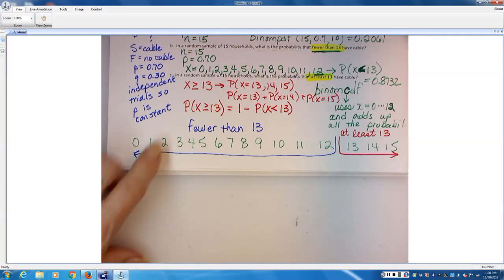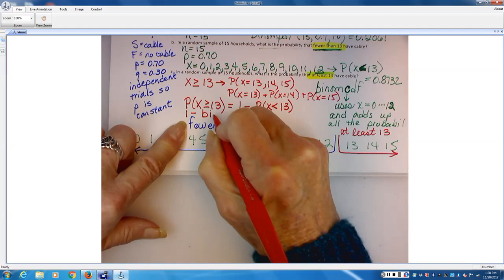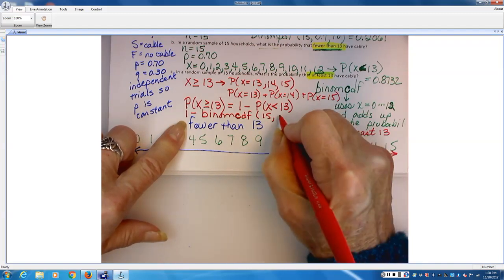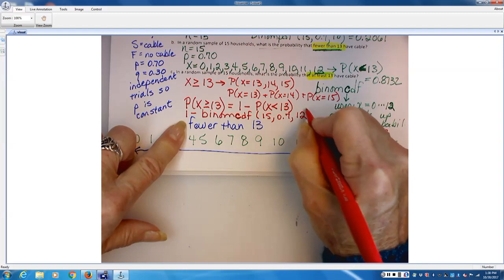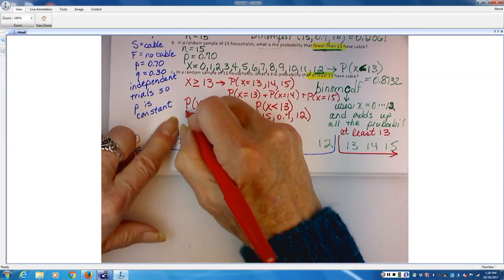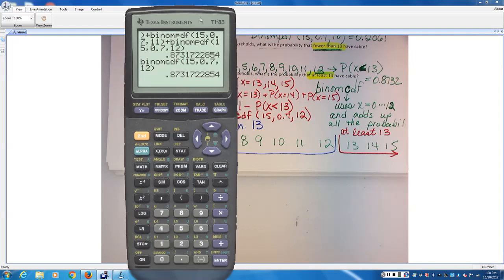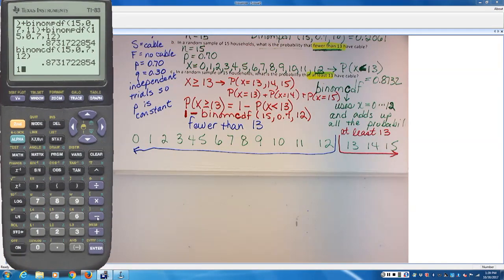So in order to find the answer to this problem, we use the same probability we did last time, except we're going to subtract it from 1. And it's 0.1268, and that's it.